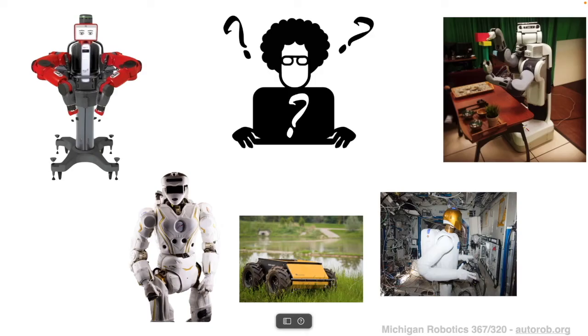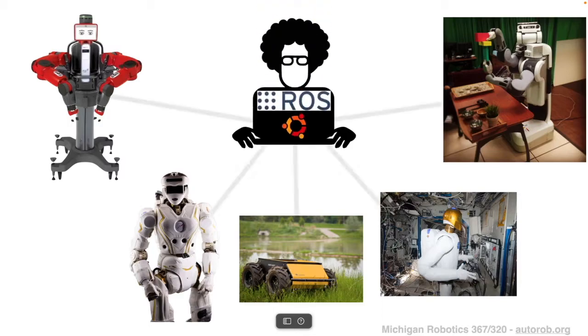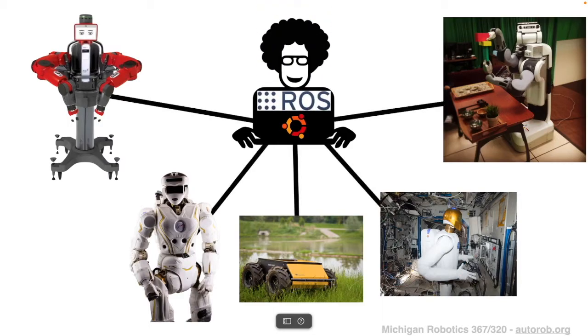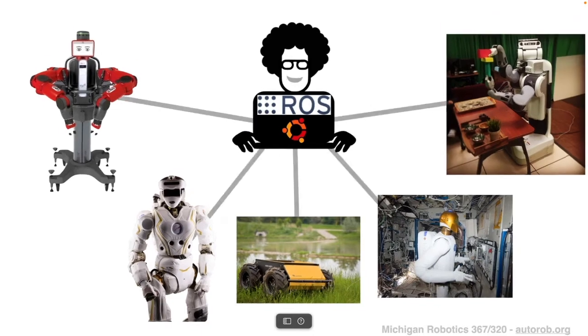If we go back to our vision for robot middleware, we have this robotic developer who has a computing device that they would like to be able to interface with these different robotic platforms. And so the middleware, which we're now considering ROS, is what allows us to interface with these different platforms.